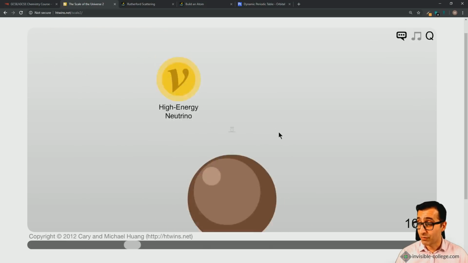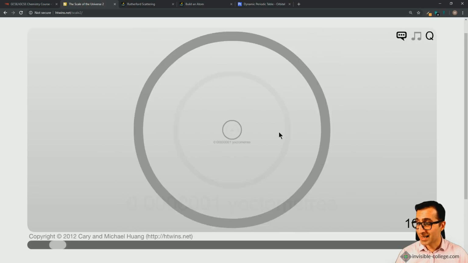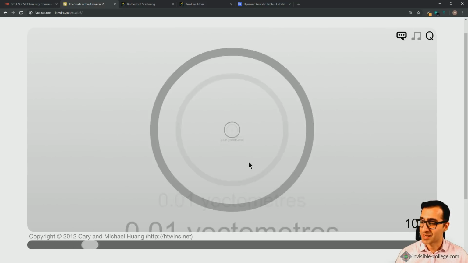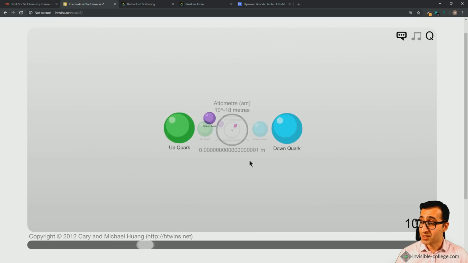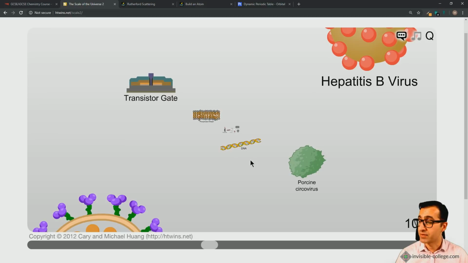And you can go even further if you really want to, right the way down to the Planck length, which is the fundamental unit of length. But I'm digressing somewhat into higher level physics territory there. So I'd encourage you guys to use this simulation here because it gives you a sense of just the scale of these things.